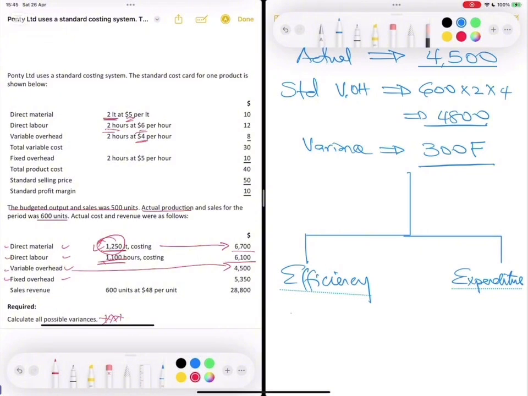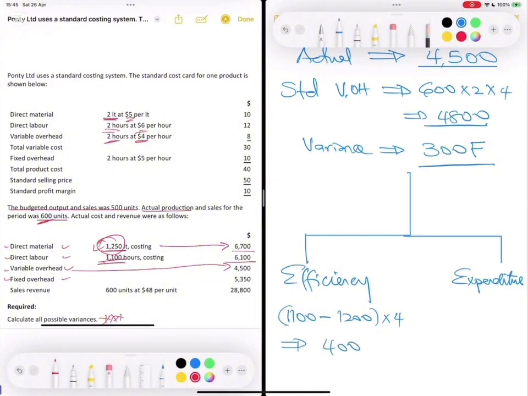So actual hours that we spent was what? 1,100. How many hours should we have spent? That is 600 units at 2 hours per unit, and that's 1,200. And we're going to value at $4 rate. And that will give us 400.